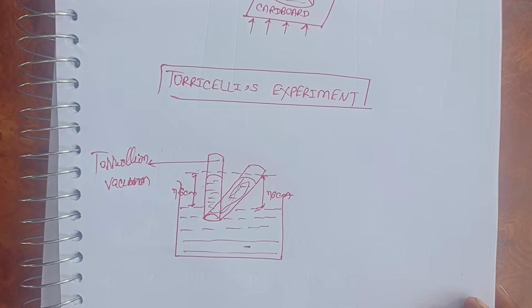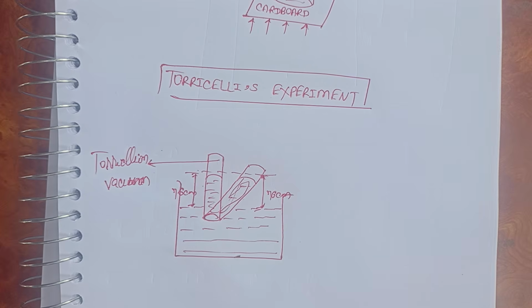The height of the mercury level in the tube is nearly 76 centimeters above the level of mercury in the trough. If the given tube is inclined or raised up or lowered in the mercury trough, the vertical height of the mercury level in the tube is always found to be constant.